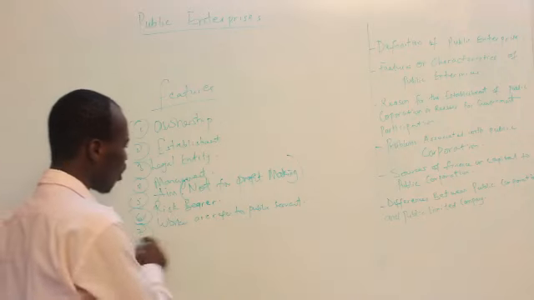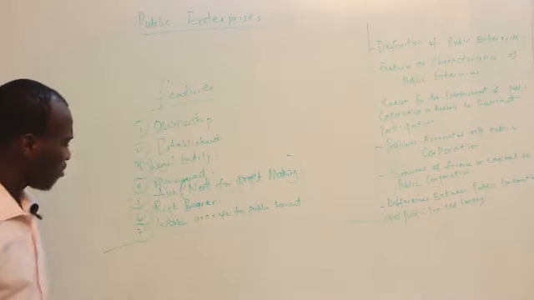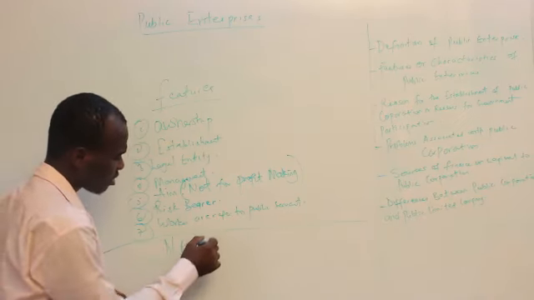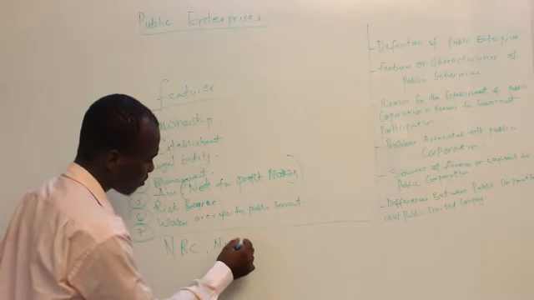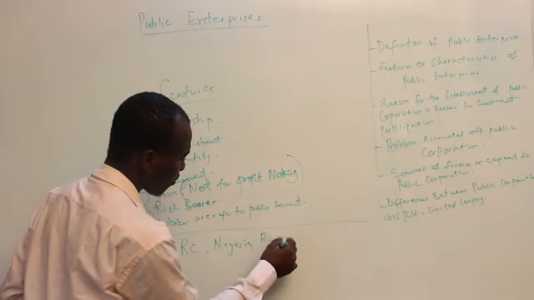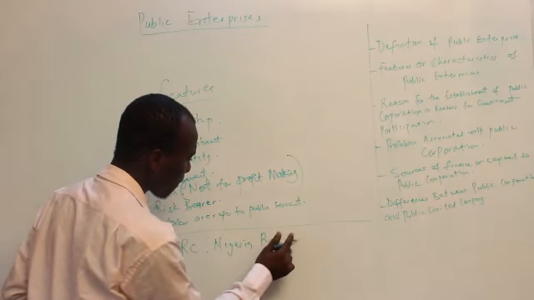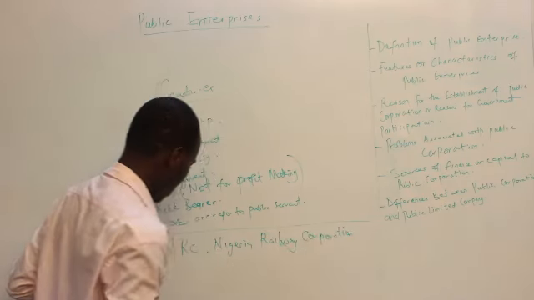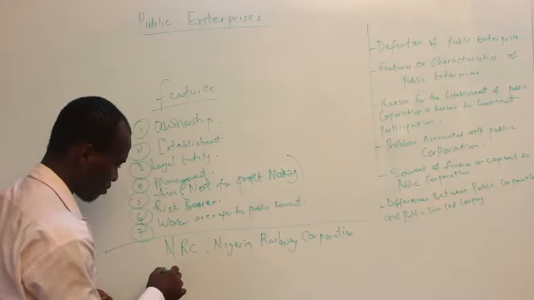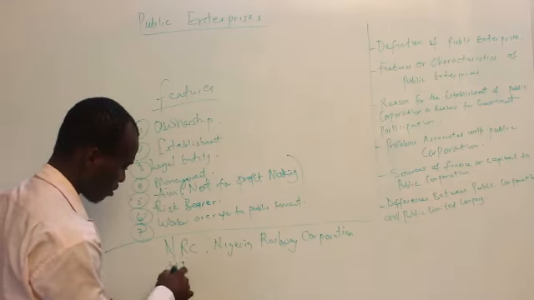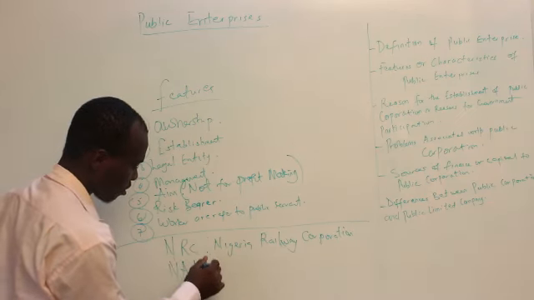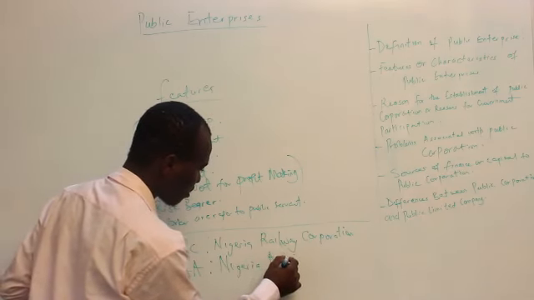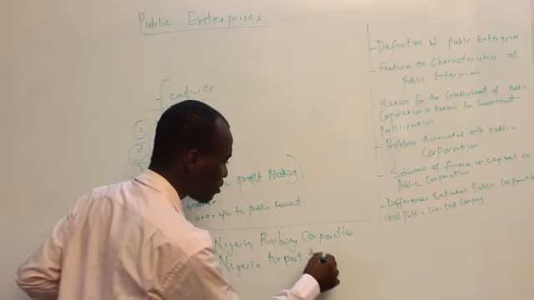Okay, let's look at some examples of public corporations in a country like Nigeria. We have NRC, the Nigeria Railway Corporation. We have the Nigeria Airports Authority.